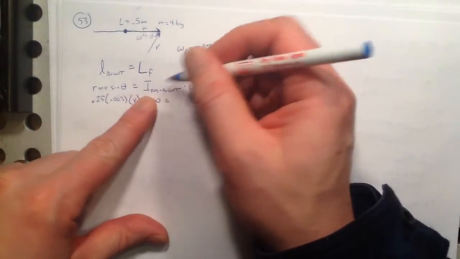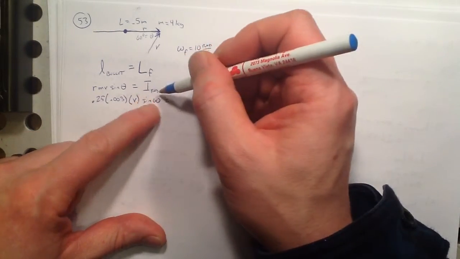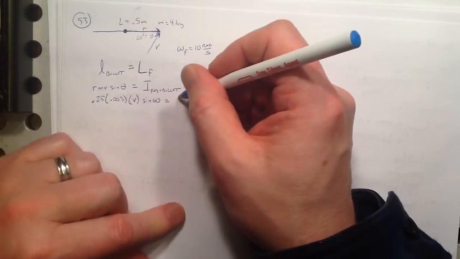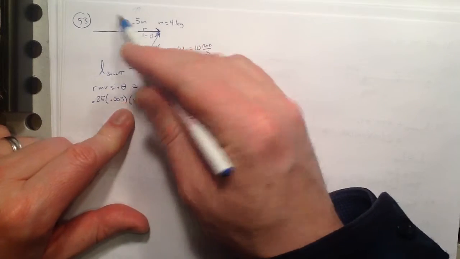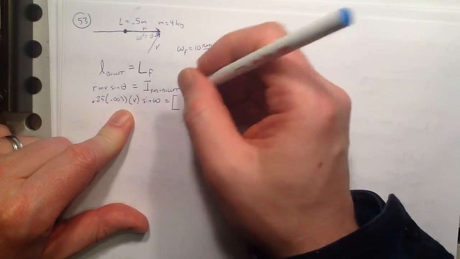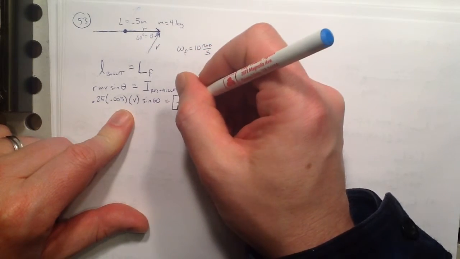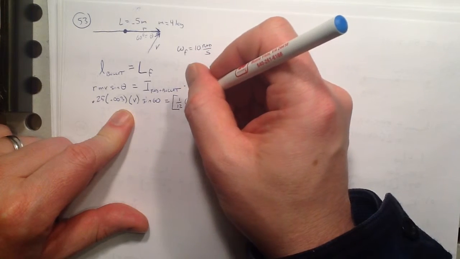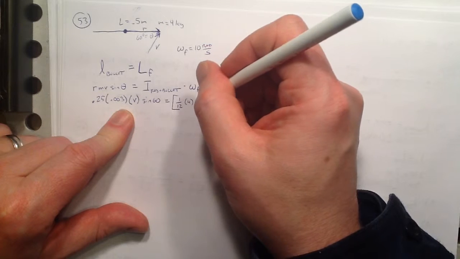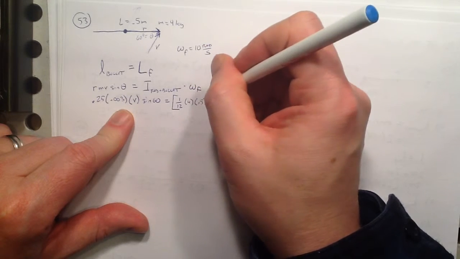Okay, on this side of the equation we have, what's the rotational inertia of the rod plus the bullet? Well, the rotational inertia of a thin rod about its center, and that's one of the ones we're supposed to know, that's 1/12 mL squared.